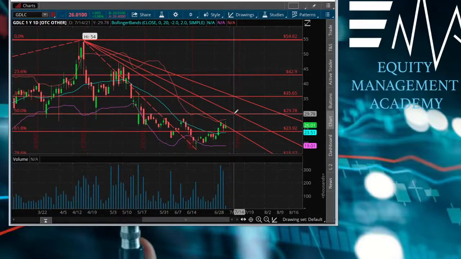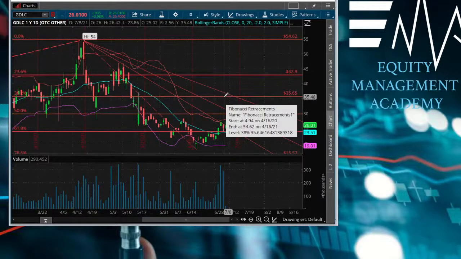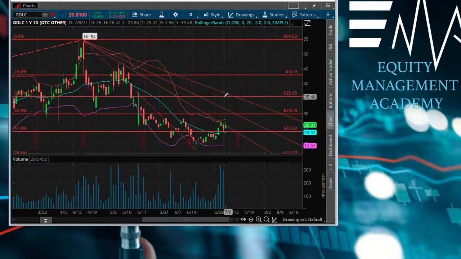So the instrument is reverting back up again, and if we go back up just to halfway of the whole correction up, let's say the 38% retracement, you're looking at about 35.48.